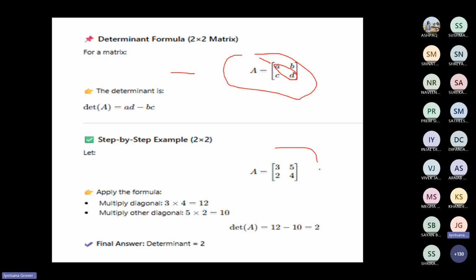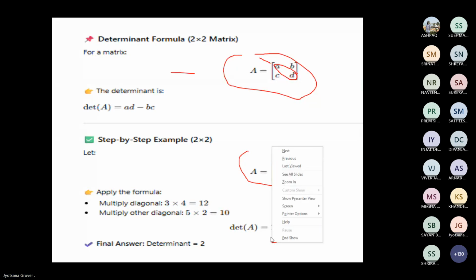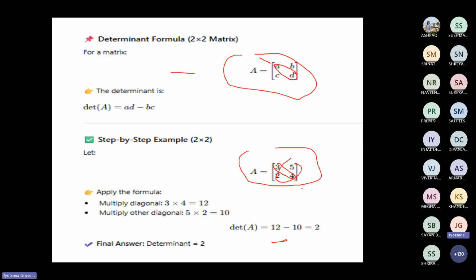Take one example: 3 into 4 minus 5 into 2. 3 into 4 is 12, minus 5 into 2, which is 10. So the determinant is 2. A 2 cross 2 is very easy.